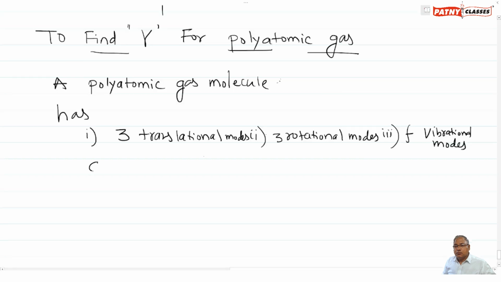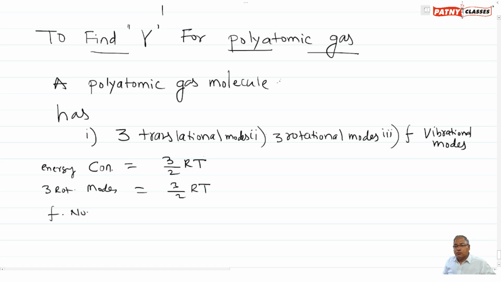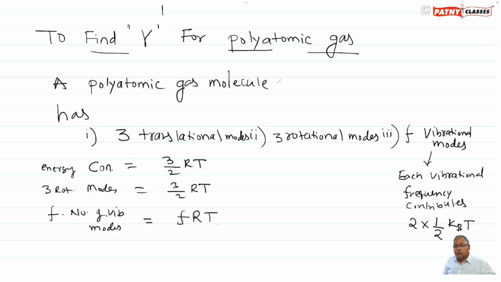The energy contributed, as per the law of equipartition of energy, by 3 translational modes is nothing but 3 upon 2 RT, and 3 rotational modes equal 3 upon 2 RT, and F number of vibrational modes will contribute energy equal to F RT.